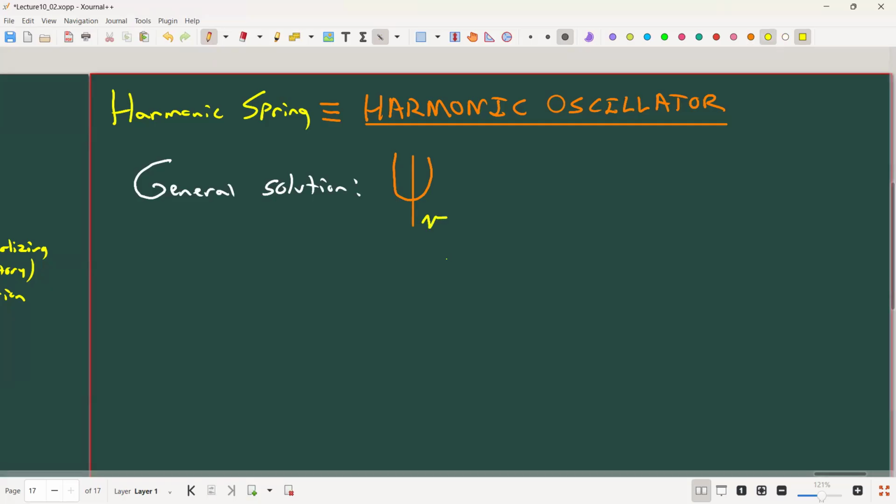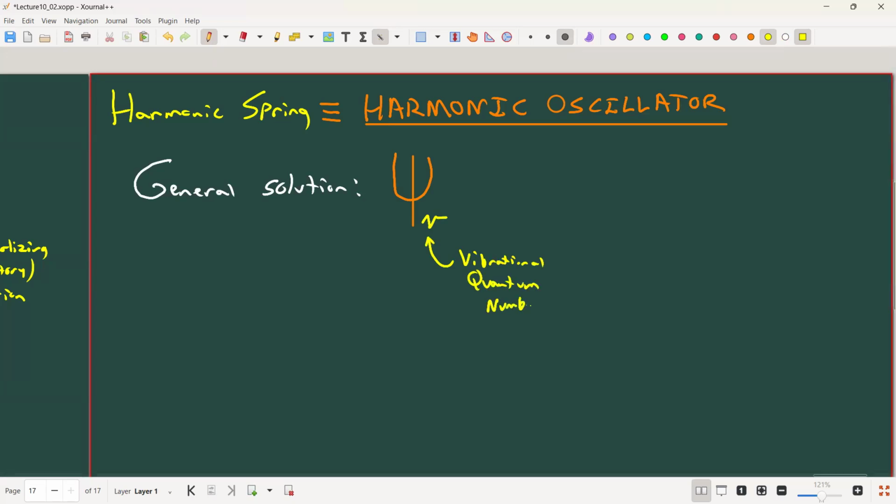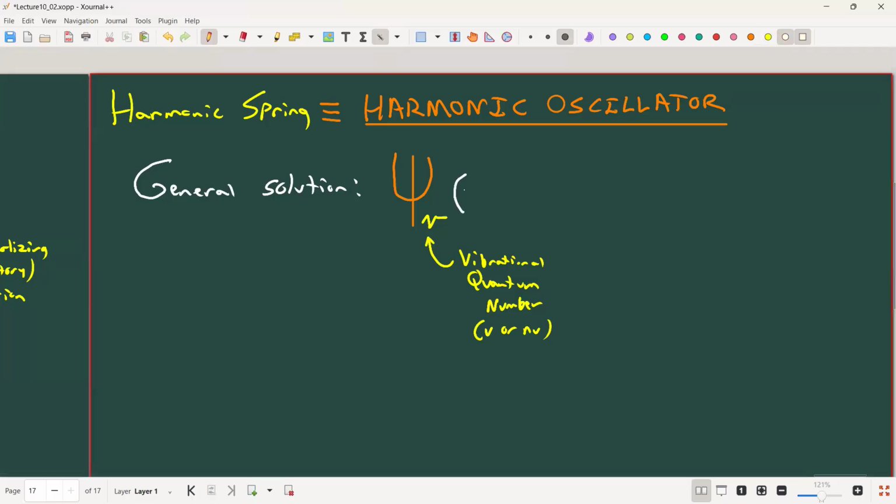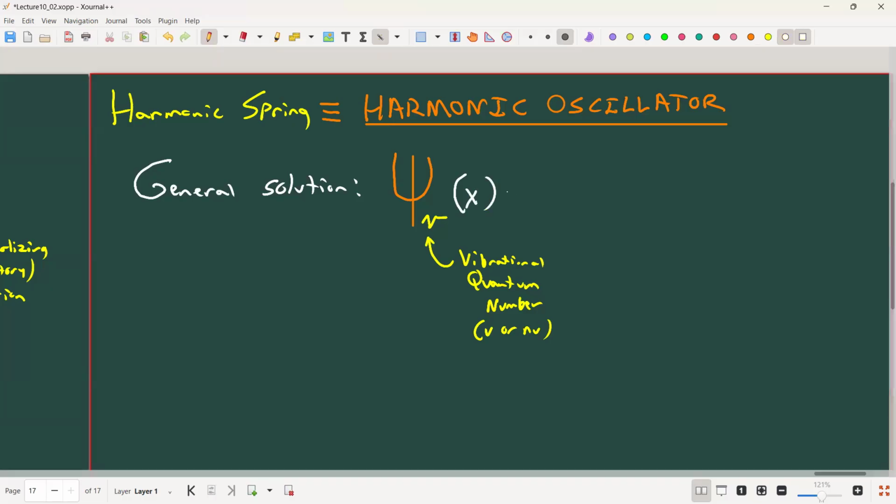We use the letter nu. This is what's called the vibrational quantum number. Sometimes people call it V for vibration. So V or nu, whichever one you prefer. And it's a function of displacement, x.